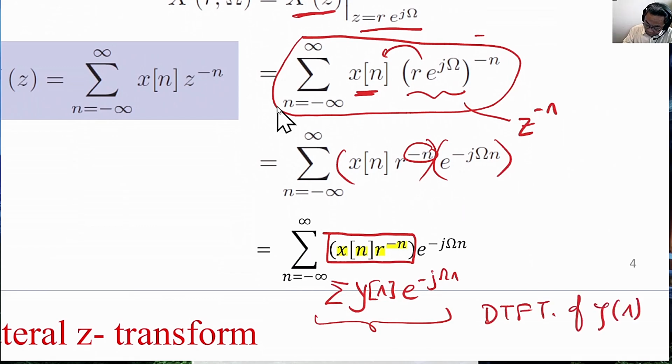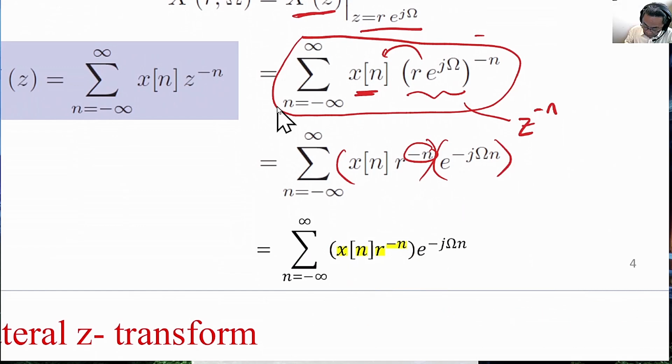Okay, but now we can interpret it as: we have taken the signal x of n and multiplied it with r to the power minus n. And if r is greater than 1, then r to the power minus n becomes smaller and smaller.